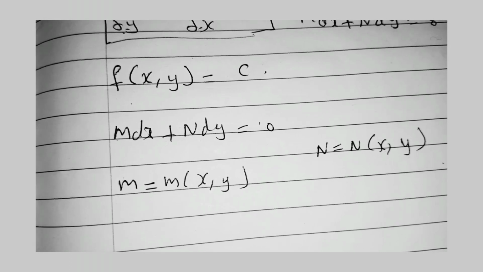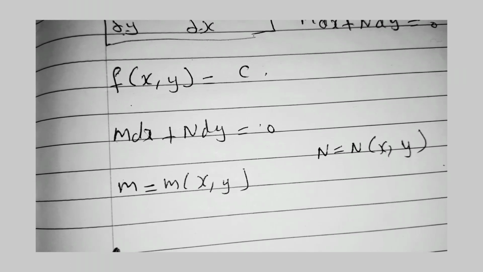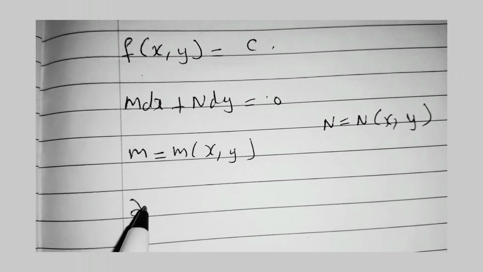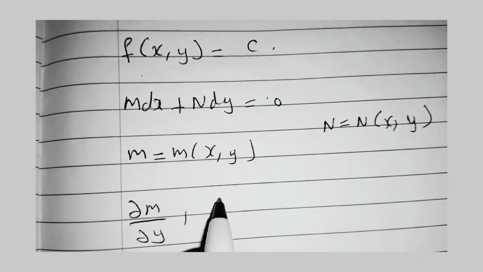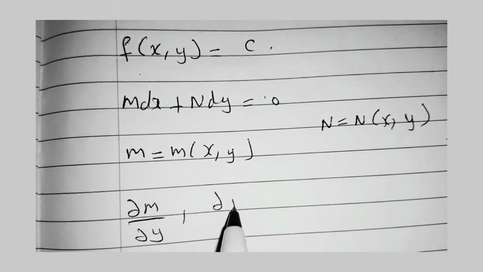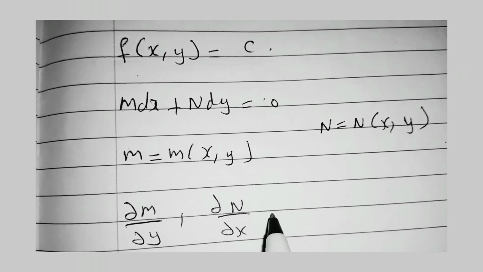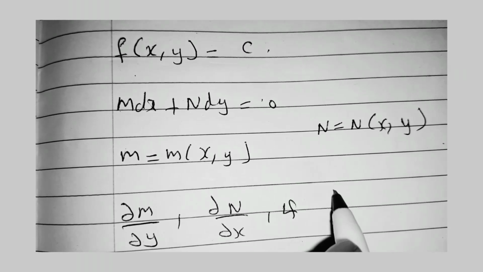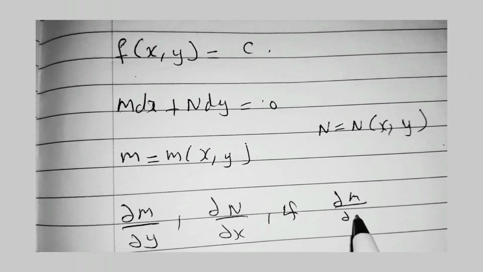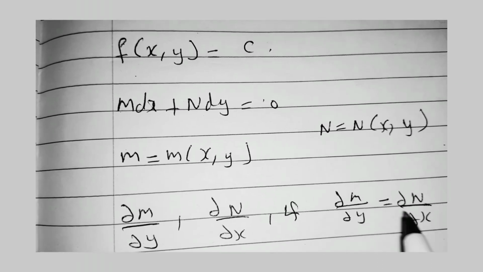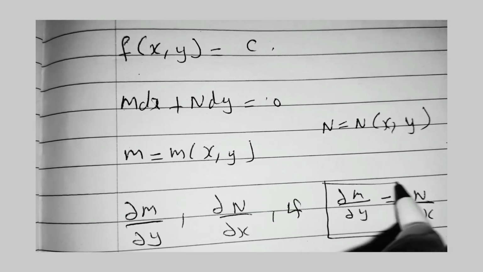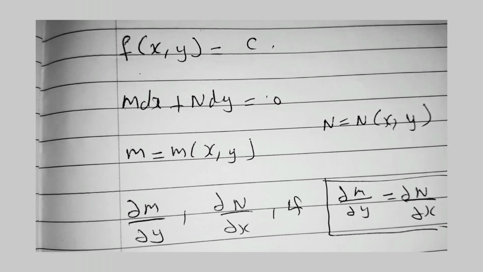Then after that, you find dM over dy, and then you find dN over dx. Then if dM over dy is equal to dN over dx, you will know that your equation is exact.